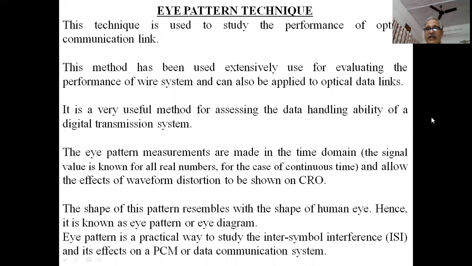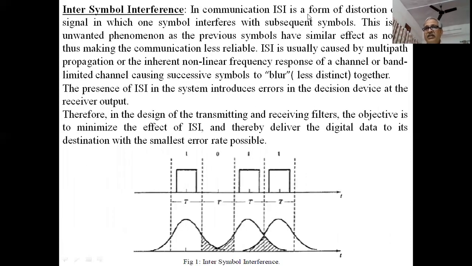The eye pattern is a practical way to study inter-symbol interference, in short known as ISI, and its effect on a pulse code modulation or data communication system. Inter-symbol interference is a form of distortion of a signal in which one symbol interferes with the subsequent symbol. We see in this figure the data symbols 1, 0, 1 and 1.